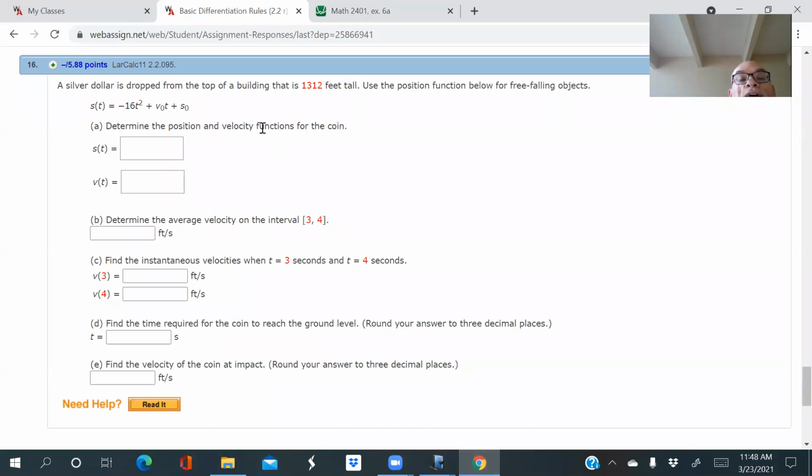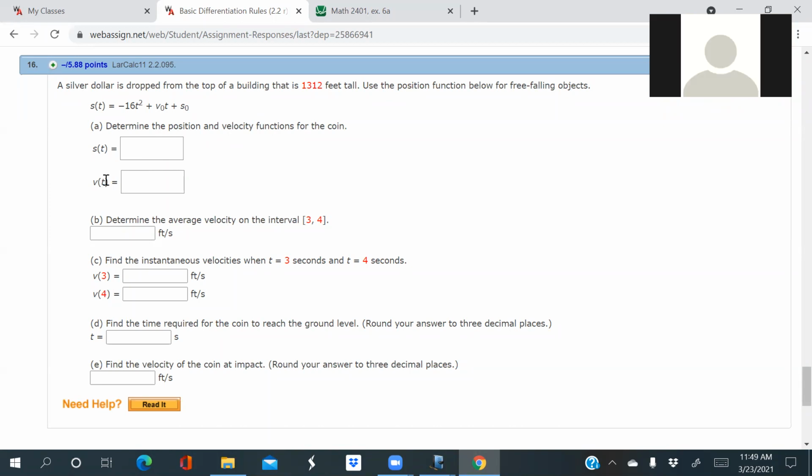Determine the position and the velocity functions for the coin. Well, we wrote in the position function, right? So Daniel, what would the velocity function be? So velocity, speed, that's a rate of change. So what are they really referring to here when they ask you for the velocity function?